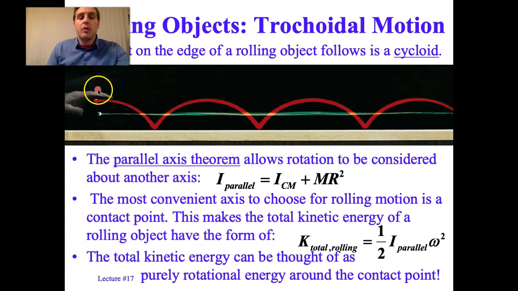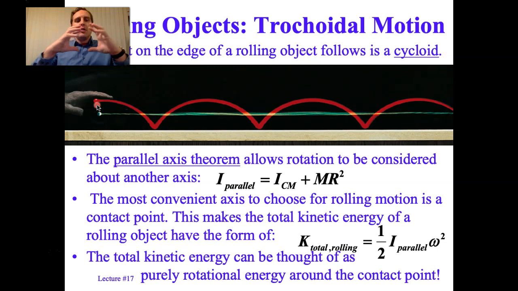You can write the equation for a cycloid, but it's best if it's written as a parametric equation. You can understand this trochoidal motion and this cycloid if instead you think about the edge of the rolling object as the new axis of rotation.